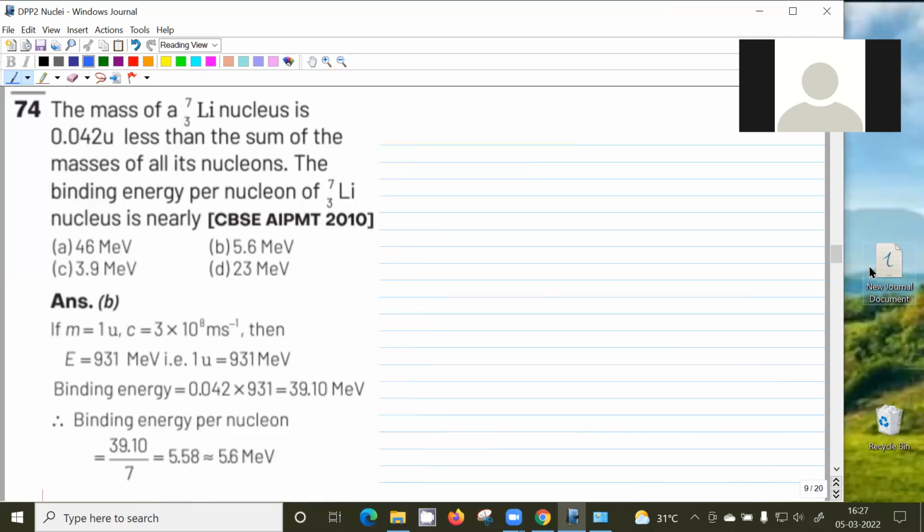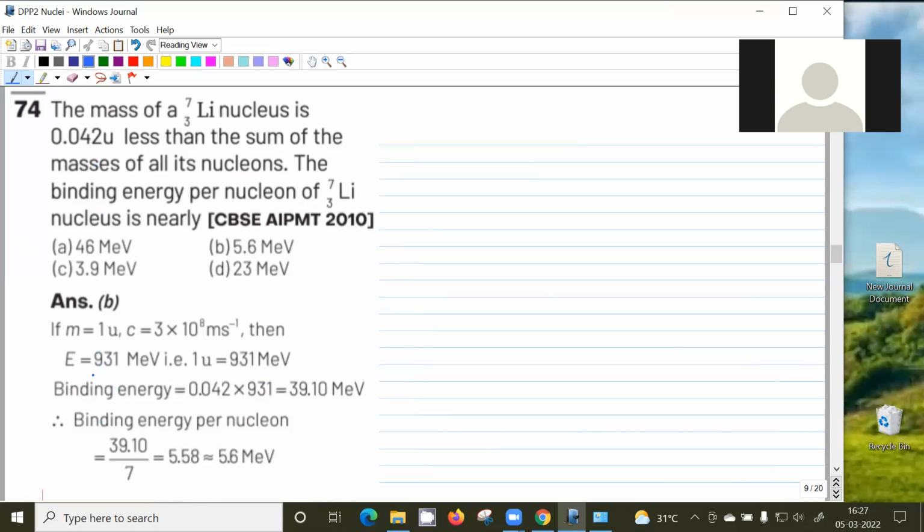The mass of... They have given the delta M value. So you have to find the mass defect. Okay, so they have given delta M. Yes, sir. And you know the conversion relation between mass and energy, right?